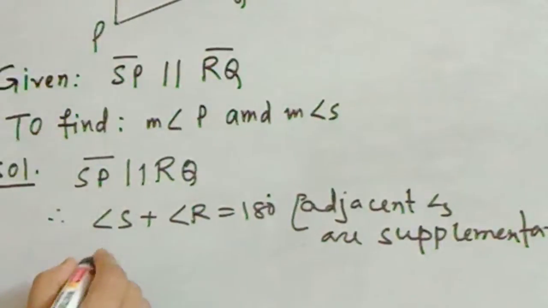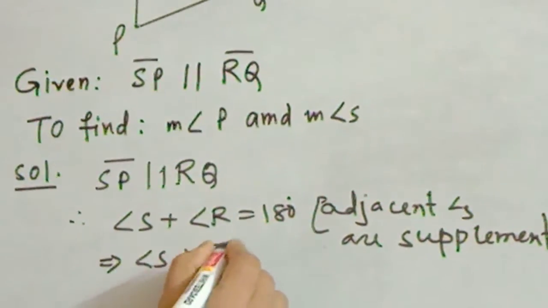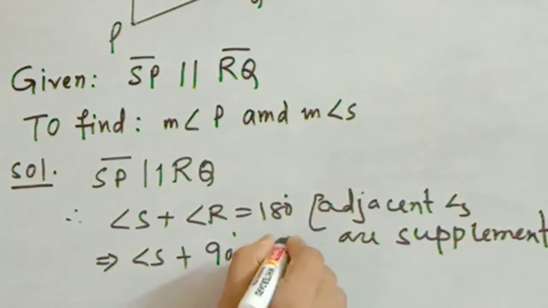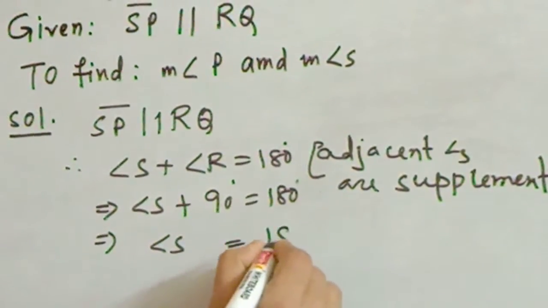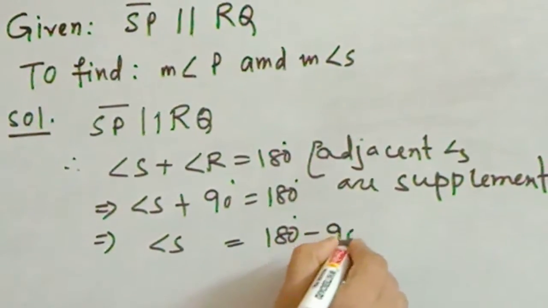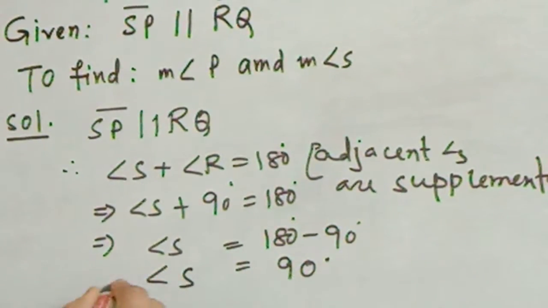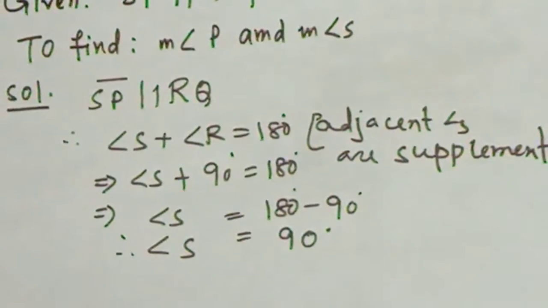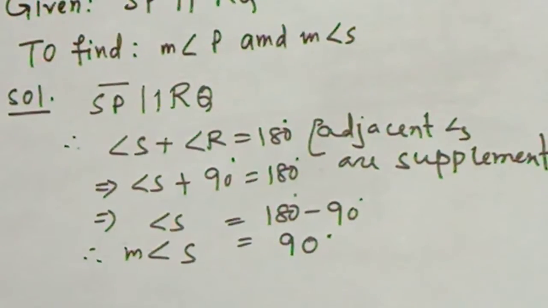We don't know the measurement of angle S, but angle R is given as 90 degrees. So angle S is equal to 180 minus 90 degrees, that is 90 degrees. Therefore the measurement of angle S is equal to 90 degrees.